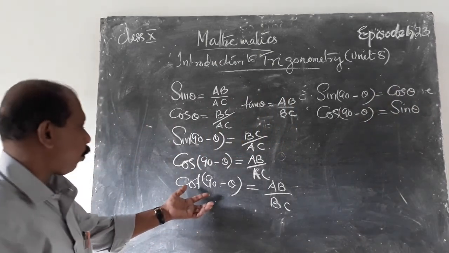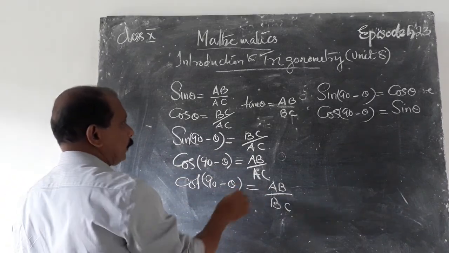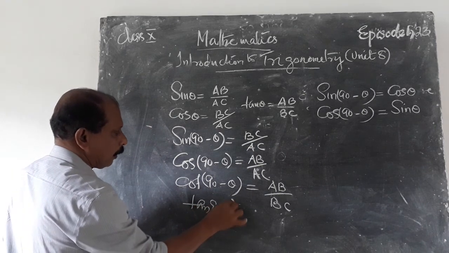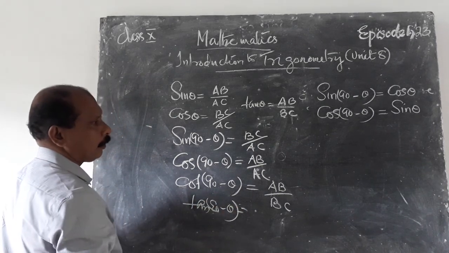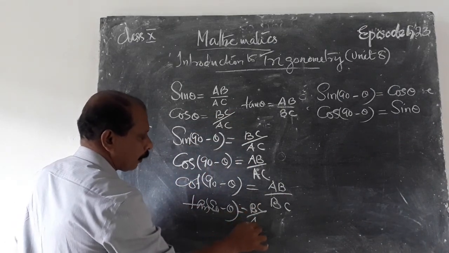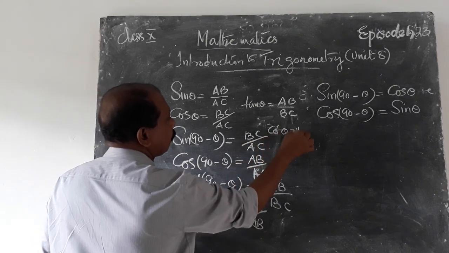And tan 90 minus theta, from the figure, is equal to BC by AB. What is cot theta? BC by AB.